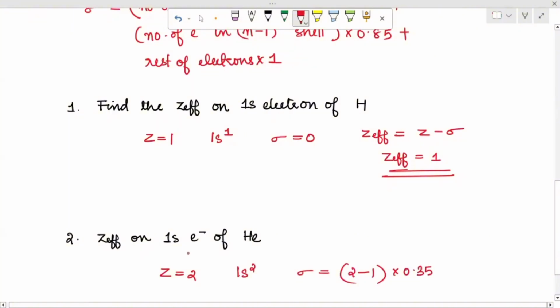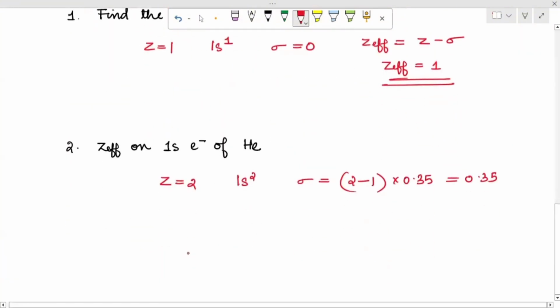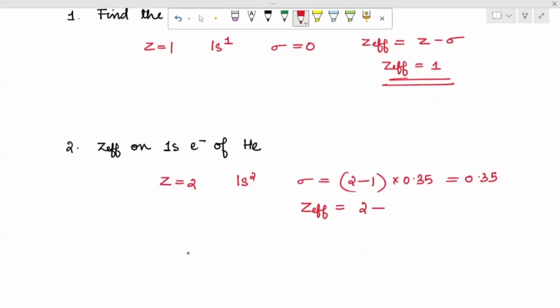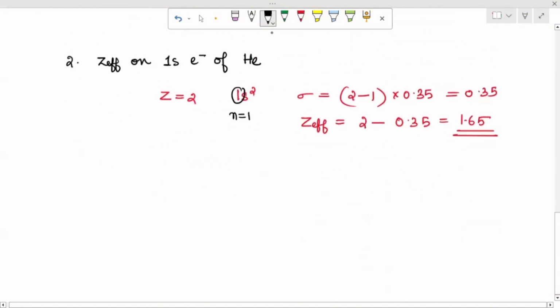That's it. So the screening constant is 0.35. Effective nuclear charge, Z effective, is equal to 2 minus 0.35, which is 1.65. I hope you understand how this came. Here there is only one shell, n is equal to 1. You will understand more when we do further problems.